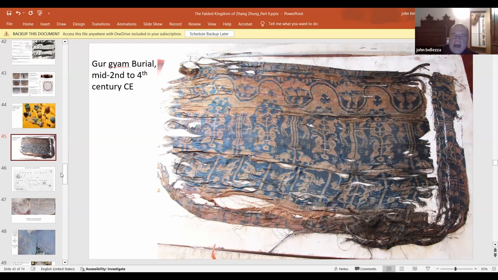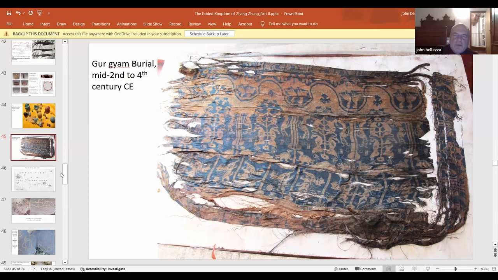There are also taffeta silk and other kinds of silk and woolen textiles found in the various cemeteries of Guge.